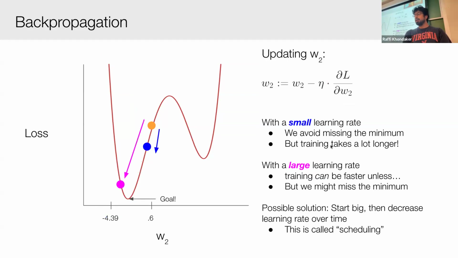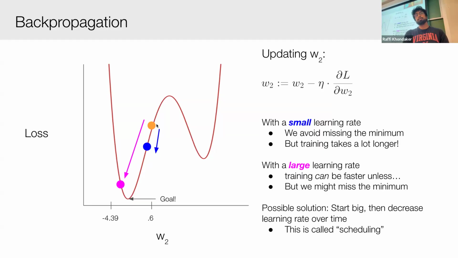With a small learning rate, we'll avoid overshooting, but you can imagine it'll take a lot of steps to get to that minimum. It'll take a long time. With a large learning rate, we can move a lot faster, but we risk overshooting. So oftentimes, we don't want to wait forever to train our model.